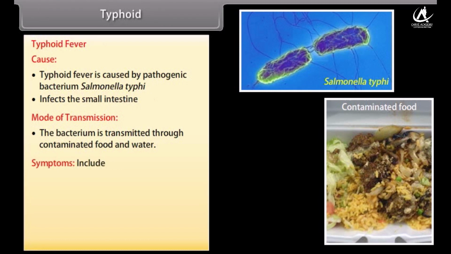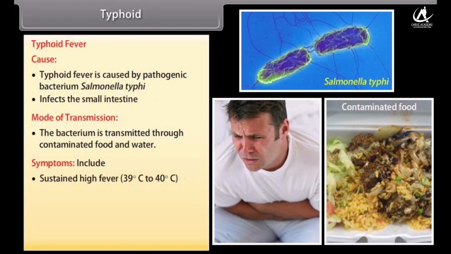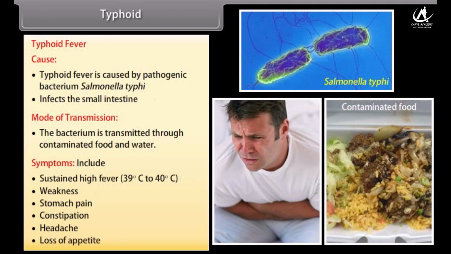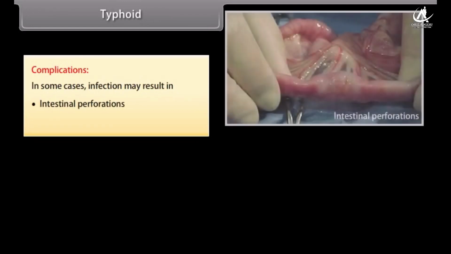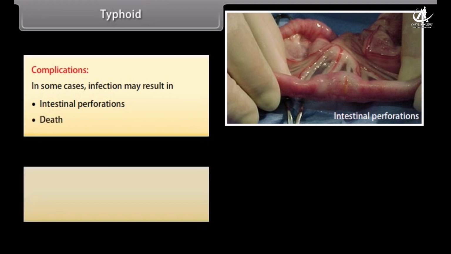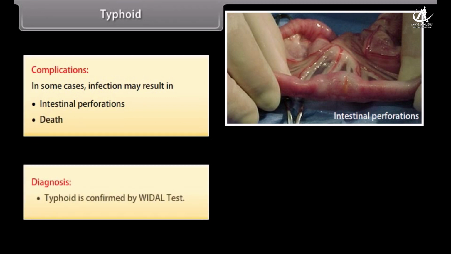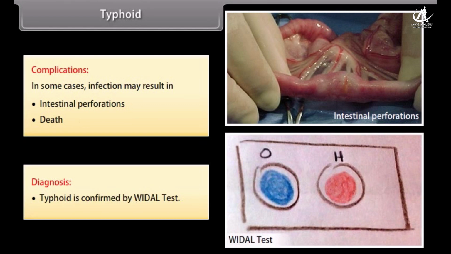Symptoms include sustained high fever of 39 degrees Celsius to 40 degrees Celsius, weakness, stomach pain, constipation, headache, and loss of appetite. Complications. In some cases, infection may result in intestinal perforations, death. Diagnosis. Typhoid is confirmed by the Widal test.